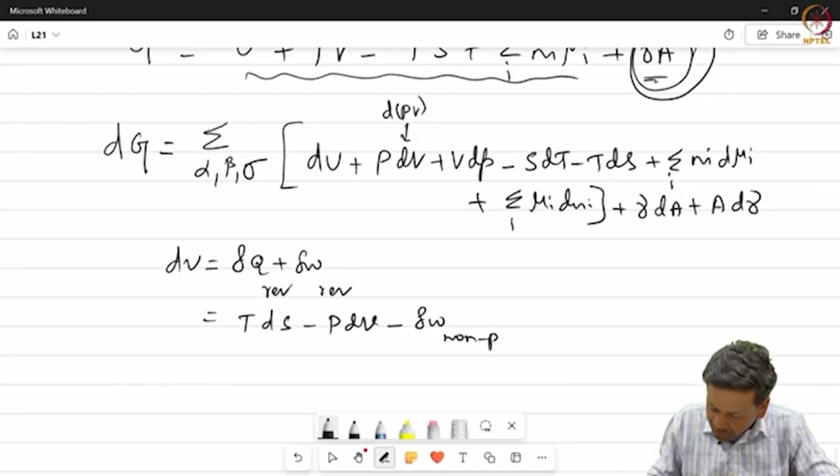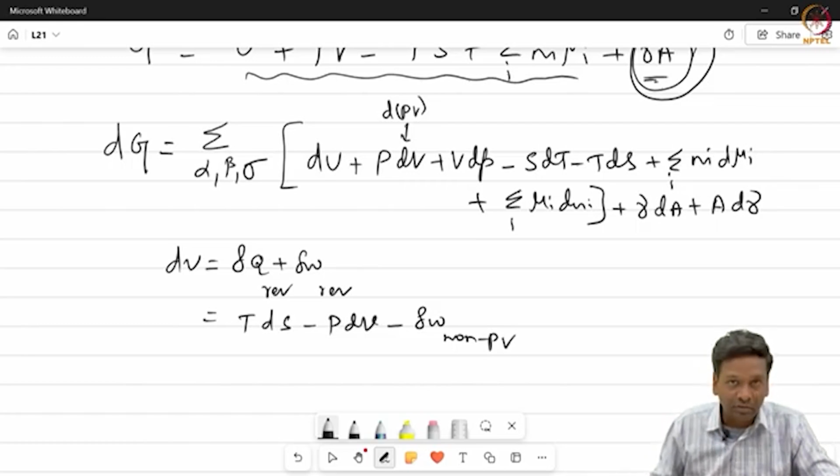Non-PV work can be shaft work, and surface tension is also non-PV work. Remember, we have denoted this with a minus here because we have to use the sign convention: positive if work is done on the system, negative if the work is done by the system. This minus takes care of whether the work is done on the system or by the system.